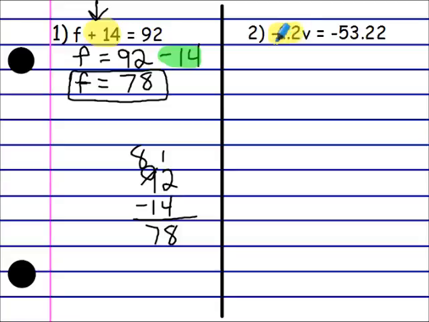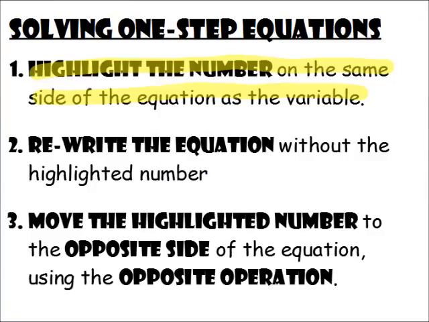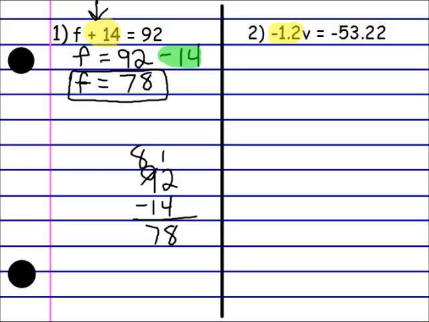So highlight that number. In step 2, we're going to rewrite the equation without the highlighted number. So without that highlighted number, we will have v equals negative 53 and 22/100.